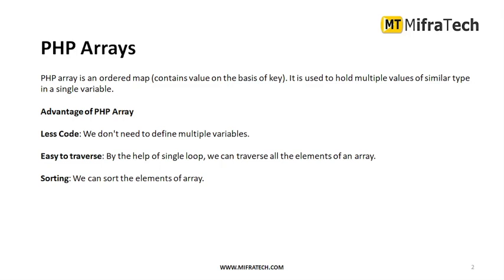Some advantages are less code, easy to traverse, and sorting. We don't define multiple variables. If we define one variable, we can reuse it. Easy to traverse: with a single loop, we can traverse all the elements of an array. Sorting: we can sort the elements of the array easily.